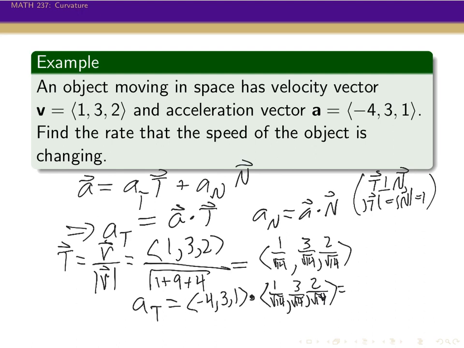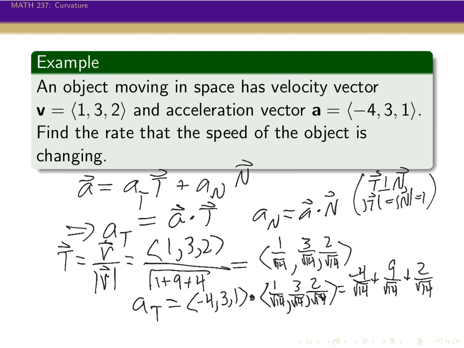This is going to be minus 4 over the square root of 14 plus 3 times 3 is 9 over the square root of 14 plus 2 times 1 is 2 over square root of 14.